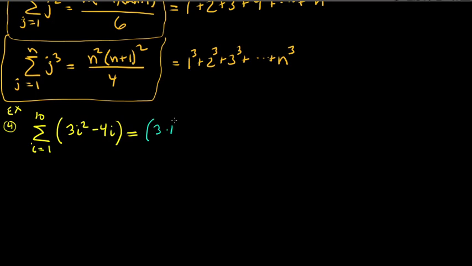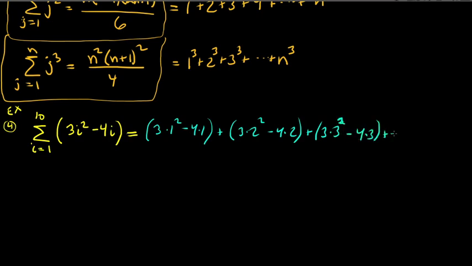This is 3 times 1 squared minus 4 times 1, plus 3 times 2 squared minus 4 times 2, plus 3 times 3 squared, minus 4 times 3, and so on, up until you get to 3 times 10 squared minus 4 times 10. And I'm not writing out i equals 4, 5, 6, 7, 8, 9. They're all in here somewhere.